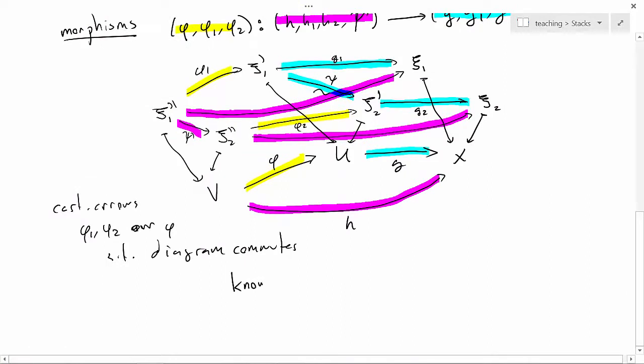We know that these arrows, phi1 and phi2, since they're Cartesian, are unique. That's one of the axioms of the fibered category, that there are these unique ways to fill in these Cartesian arrows lying above these commutative triangles.